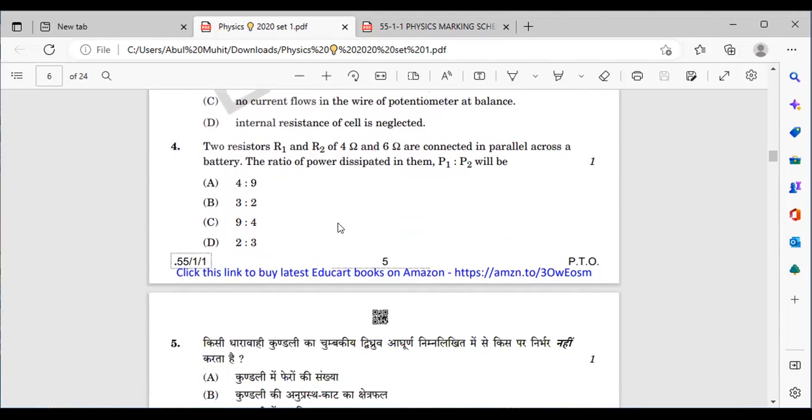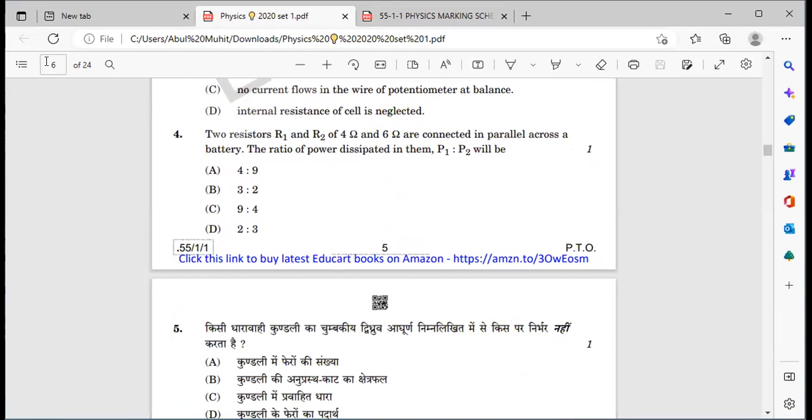Now, two resistors R1, R2 are connected in parallel across the battery. The ratio of power dissipated in them, P1 to P2, is how much? R1 and R2 values are given to you. How will you solve this question? We'll substitute the values of R1 and R2 in the power formula individually.